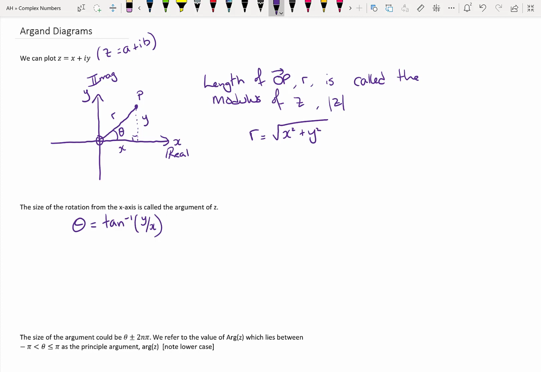When we're dealing with this, your angle is going to fall strictly bigger than minus pi and less than or equal to pi. And remembering, for those of us that still don't like radians, we are dealing from minus 180 degrees up to 180 degrees.